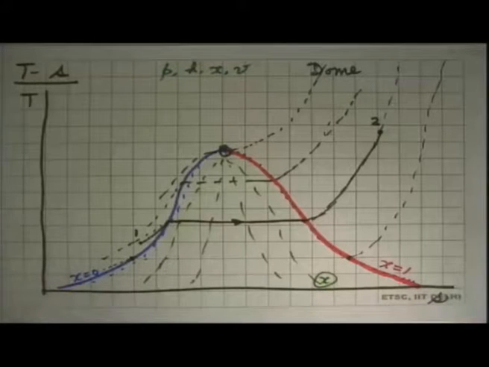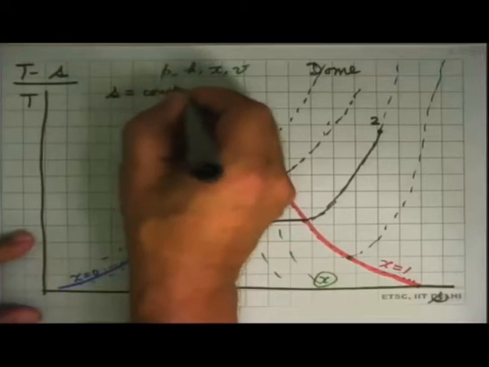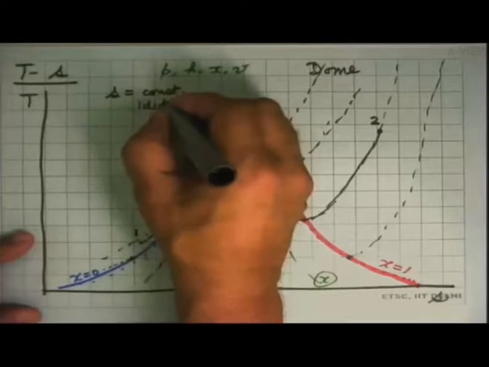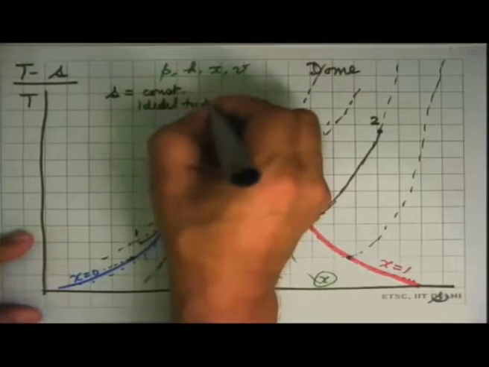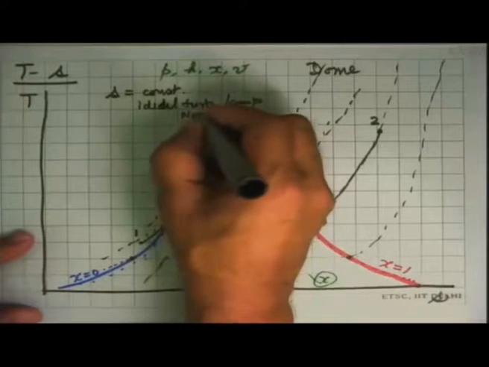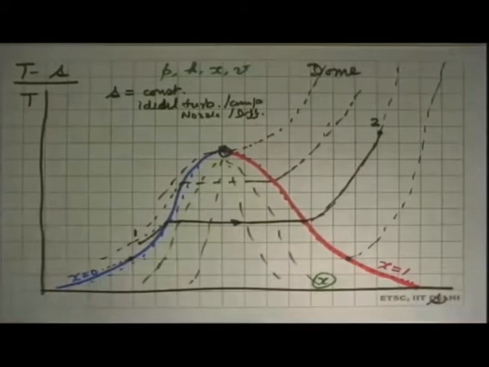From state 2, we undergo an isentropic process. Isentropic process means S is constant, and this will be achievable in an ideal situation in a turbine or a compressor, nozzle or a diffuser. These are all isentropic processes, and these are all slow processes.